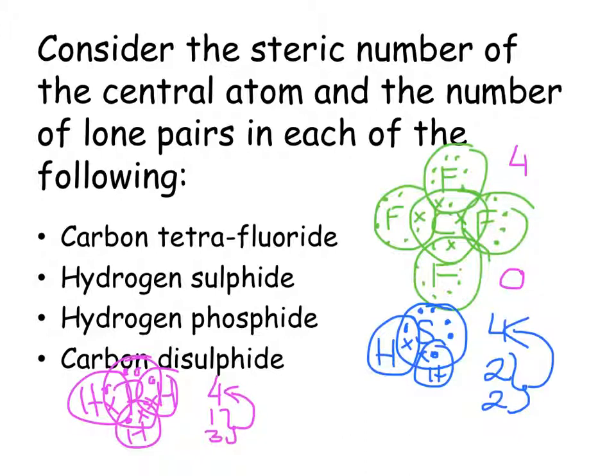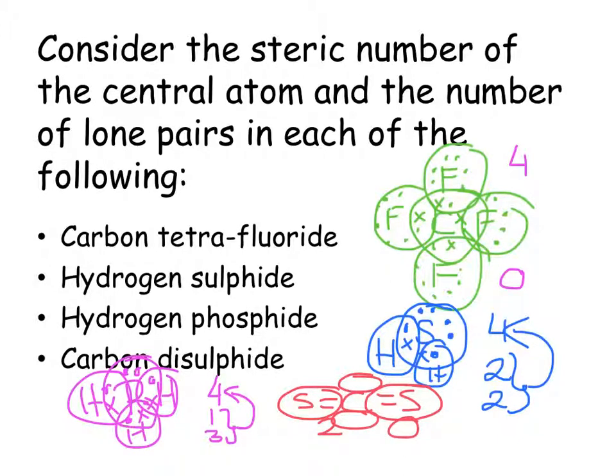Carbon disulfide looks quite a lot like carbon dioxide because sulfur is in the same group. So I'm just going to draw a Cooper notation for that, and your carbon disulfide ends up looking like that. Its steric number is 2 because it only bonds to 2 things with a double bond. There are no lone pairs at all in that.